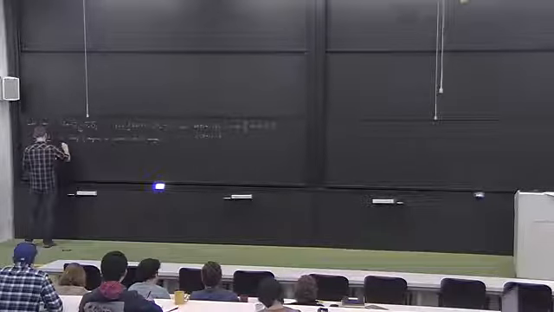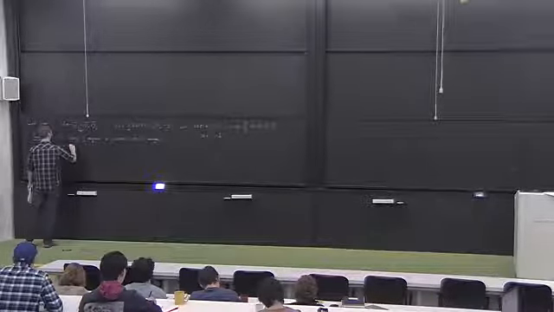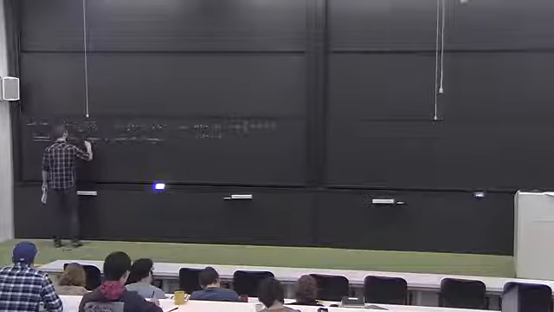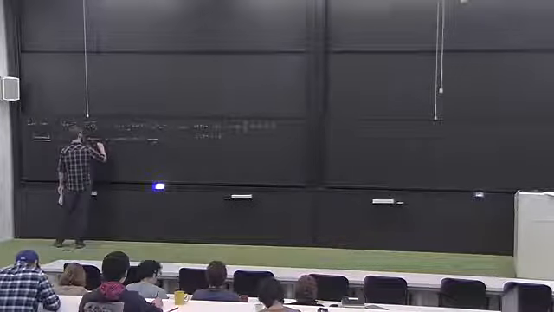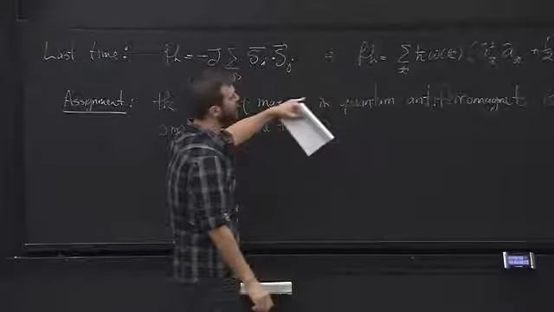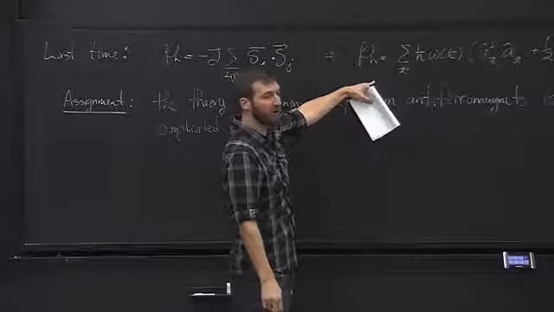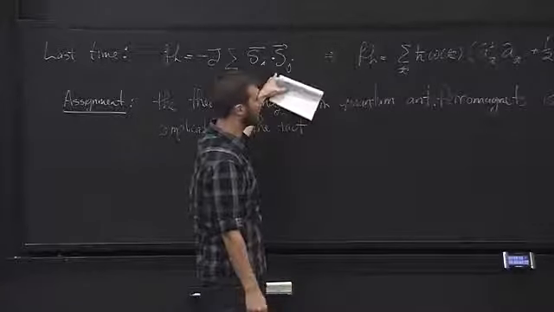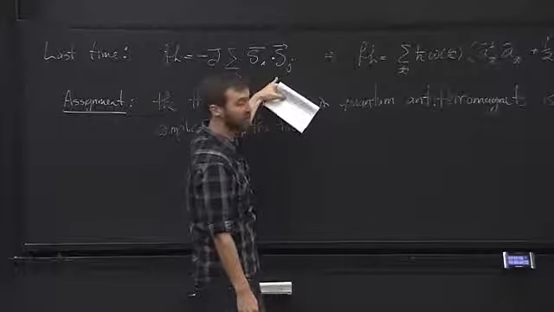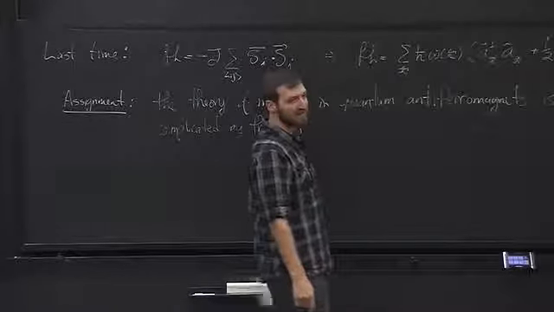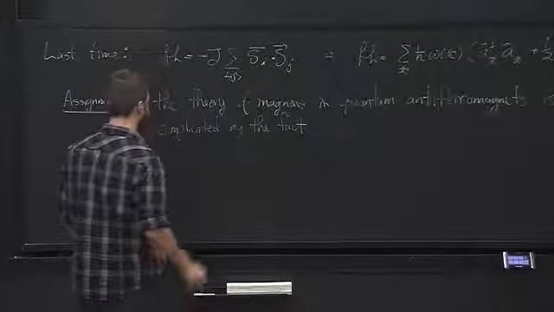So it's complicated by the fact that essentially after the Holstein-Primakoff transformation and the Fourier transform into k-space, your Hamiltonian's not diagonal.